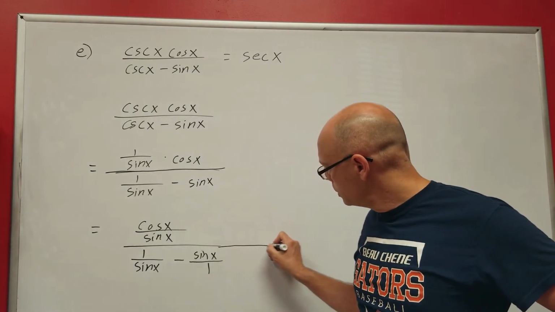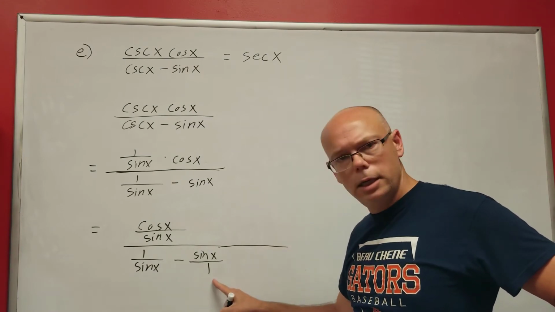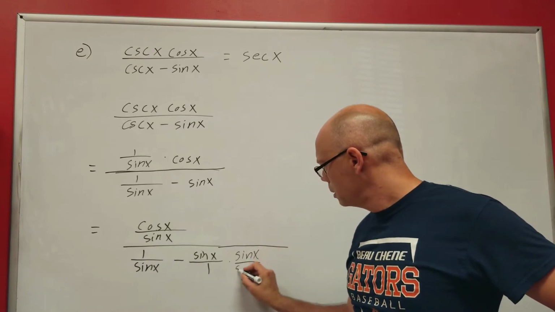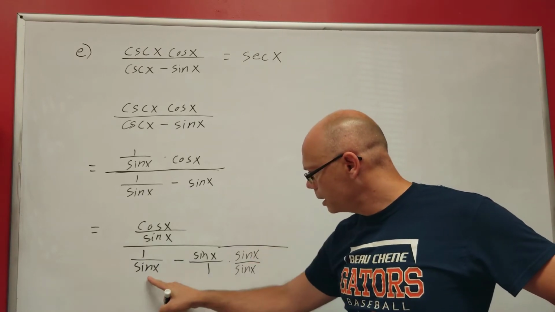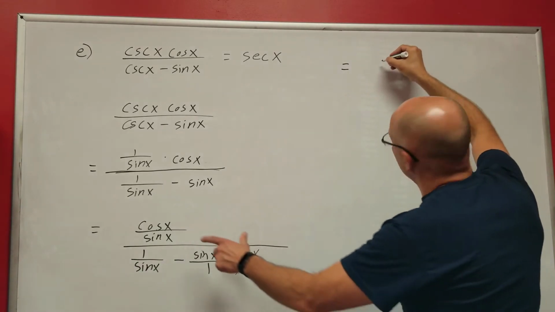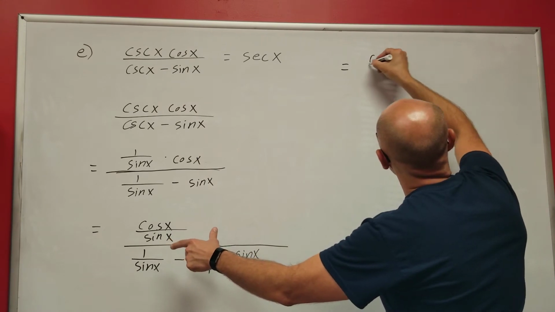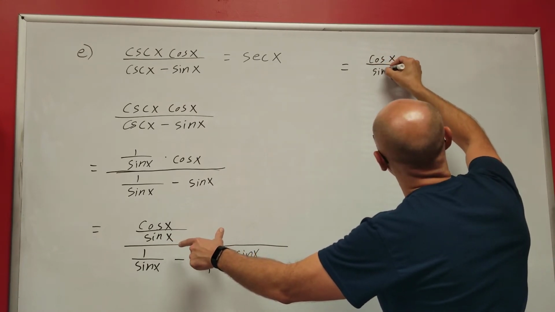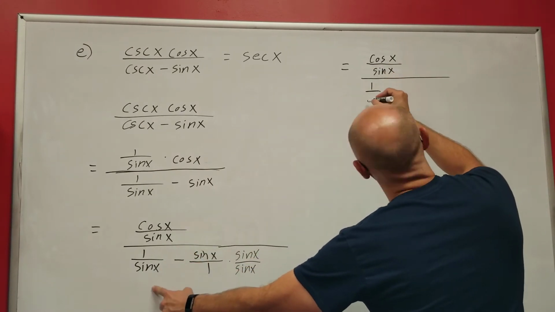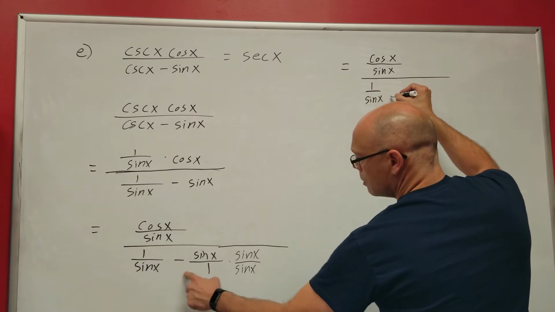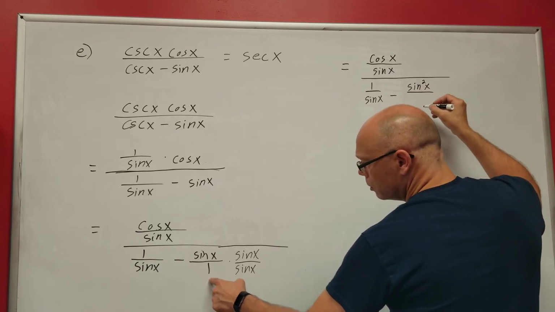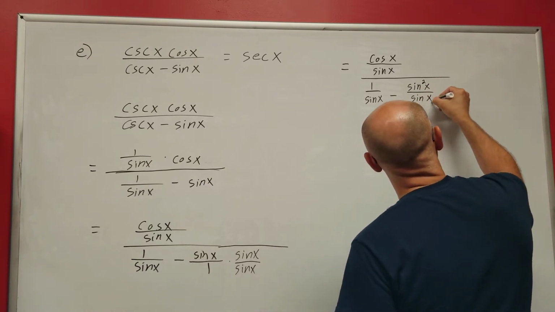To be able to subtract those, I need a common denominator here and here. Well, couldn't I just multiply this one by sine of x over sine of x? And that'll give me the same denominator here and here. All right, so we're going to have cosine of x over the sine of x up top over 1 over sine of x here, minus sine of x squared over 1, the sine times the sine, right?